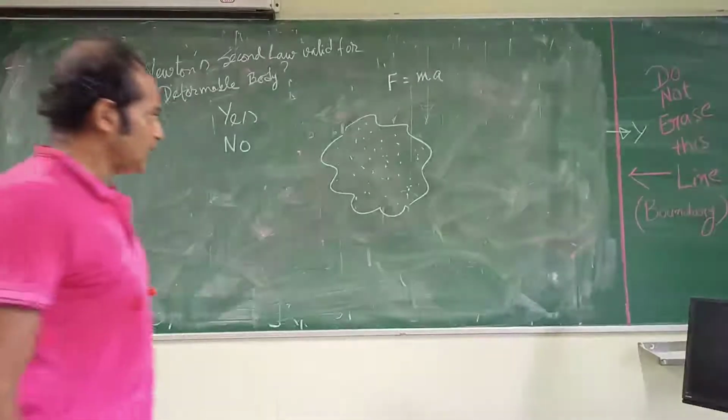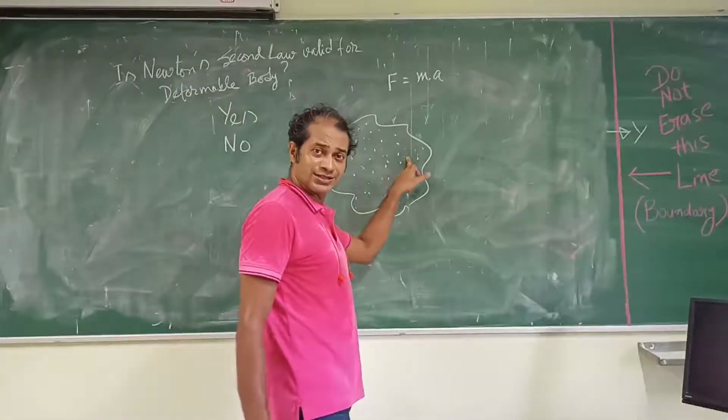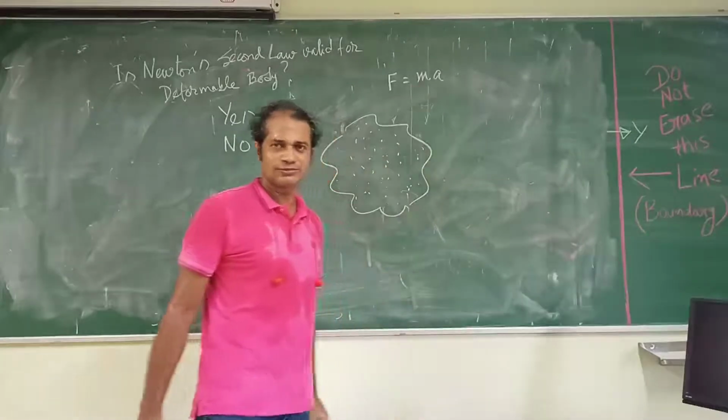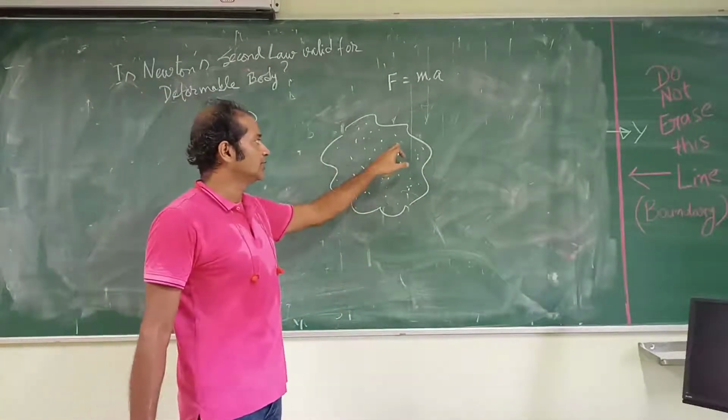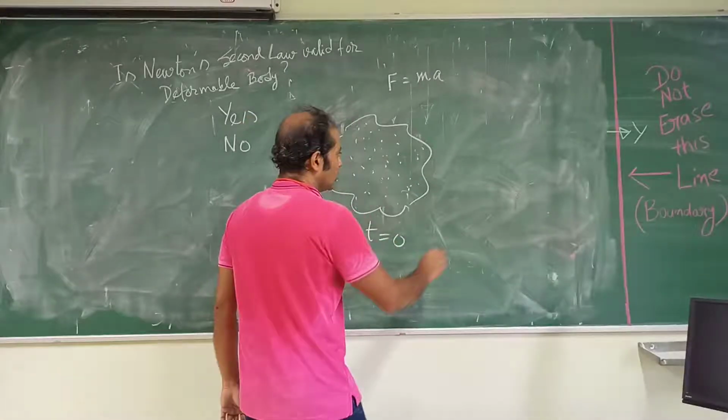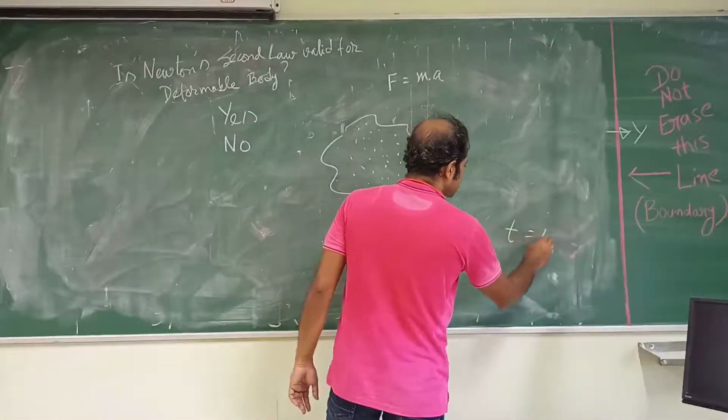Right? So we have infinitely many points and one equation. Can you solve? Let's say this is at time t equal to 0 and I am going to predict at time t equal to t.